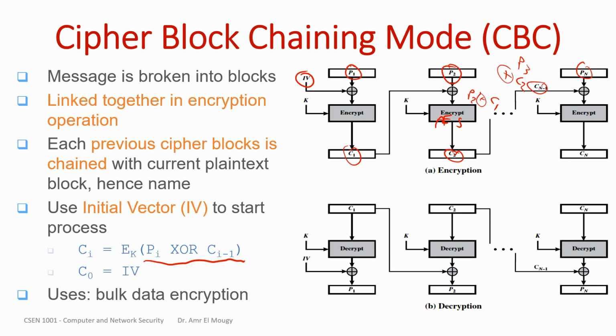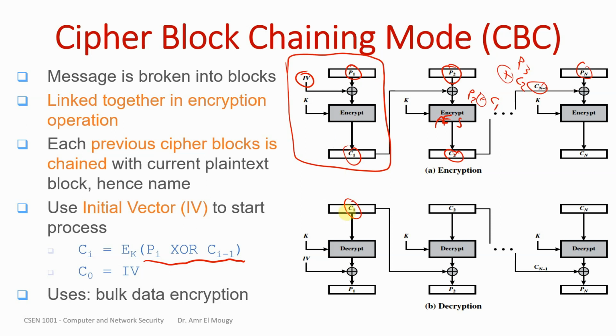Okay, how do you decrypt? If the receiver receives C1, when you want to decrypt, you basically have to reverse the process. If you look at the encryption process of C1, the step before it was the encryption step.